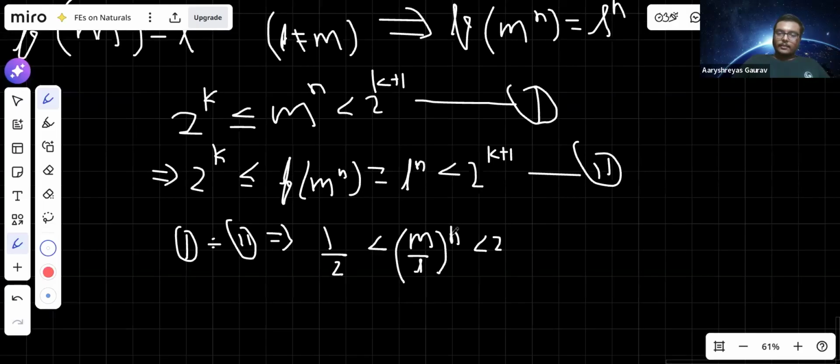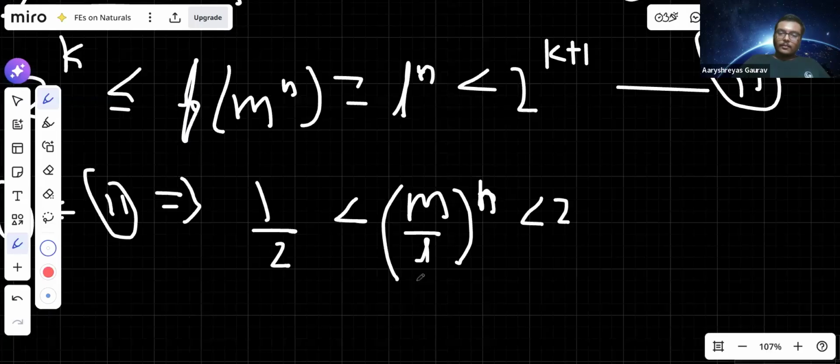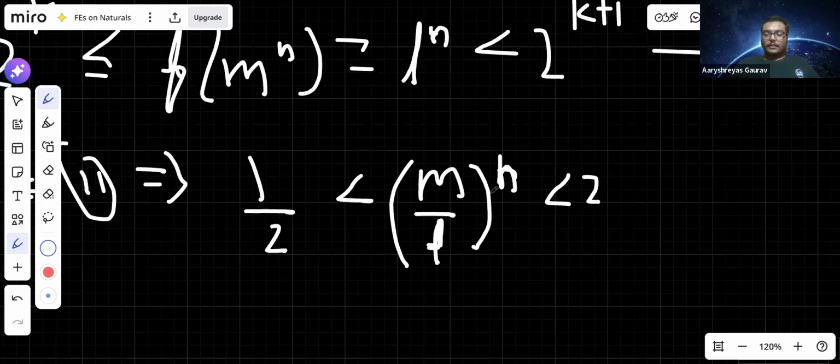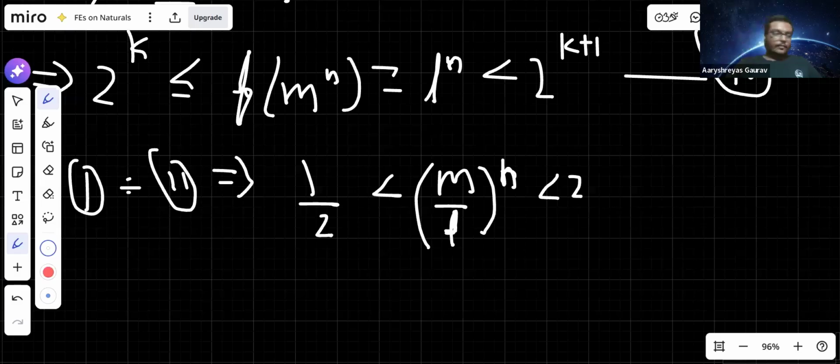So now to give an idea, just imagine if m by L is greater than 1. If I raise it to a really big power, then it will definitely go beyond 2. And if m by L is less than 1 and I raise it to a really big power, it will definitely get smaller than half.